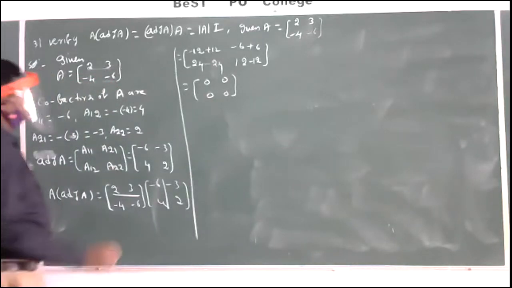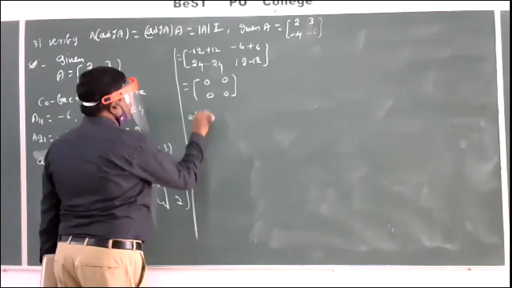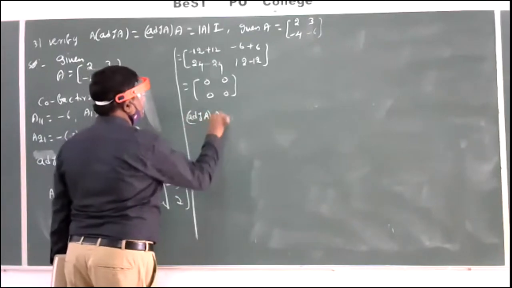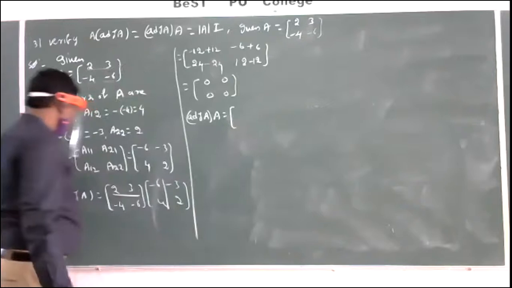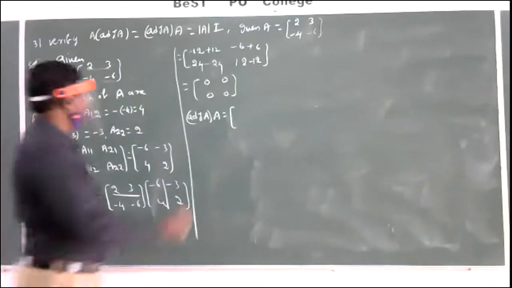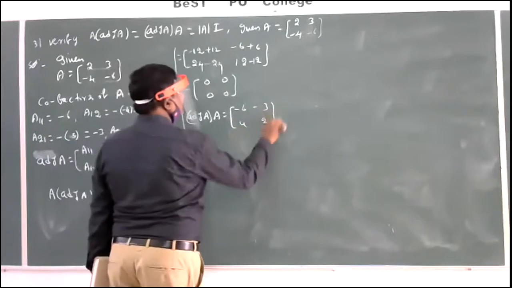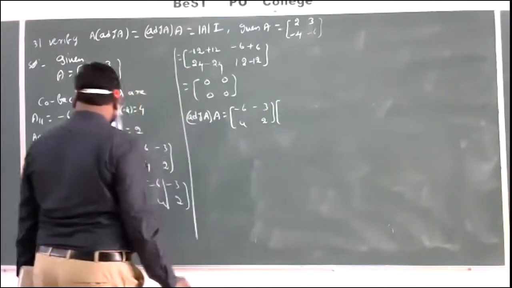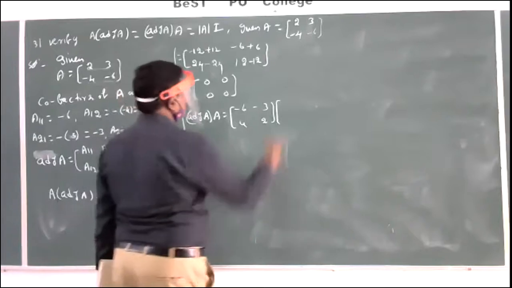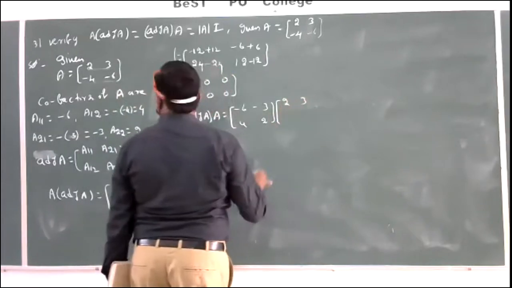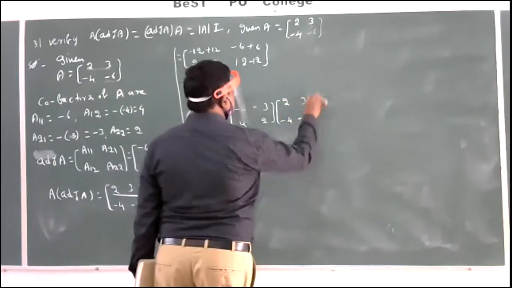Next, adjoint A into A. Here, adjoint A is [minus 6, 4; minus 3, 2], and A is [2, 3; minus 4, minus 6].